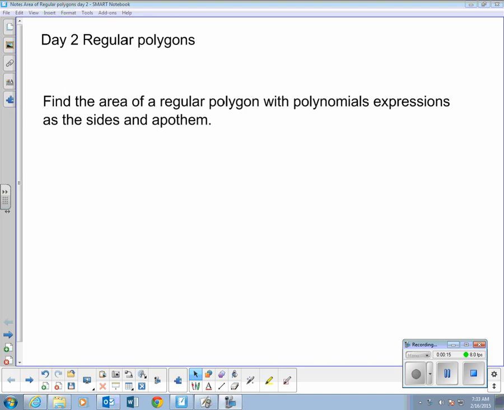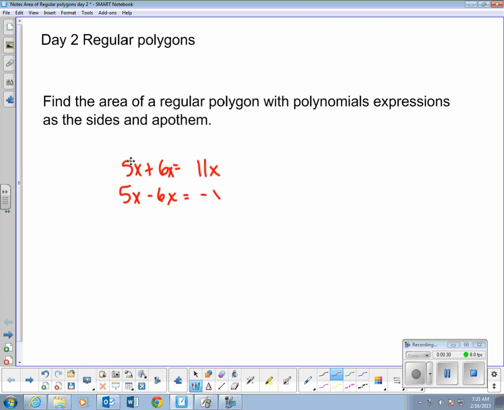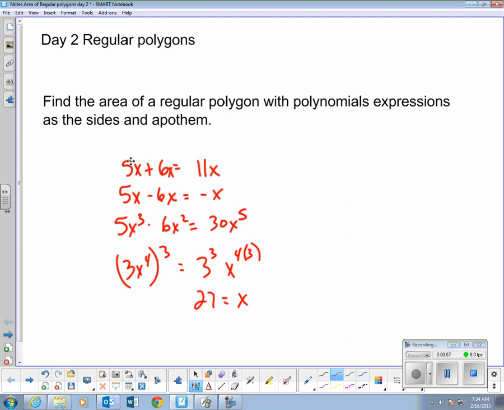So just a quick reminder of some of the basic rules of polynomials: when we're adding or subtracting, we do not change the exponent; when we multiply, we add; and when we have a power, we multiply.